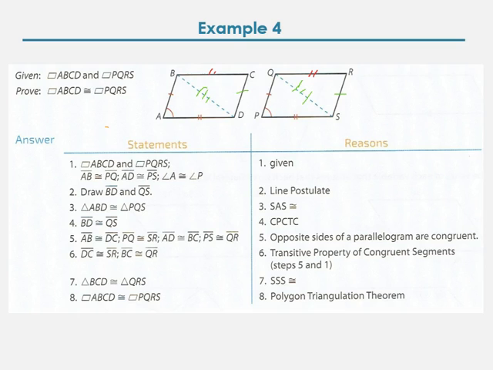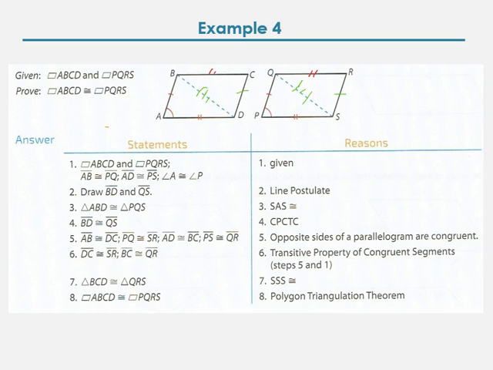DC is congruent to SR. Now we're going from one parallelogram to the other parallelogram. And BC is congruent to QR. So BC and QR, and that's the transitive property of congruent segments. It required us to use step 5 and step 1, part of the given. And we can now declare that BCD, the other triangle, and QRS are congruent by side, side, side.